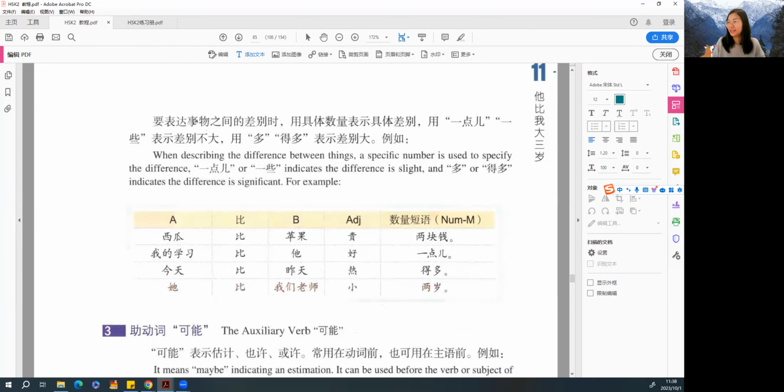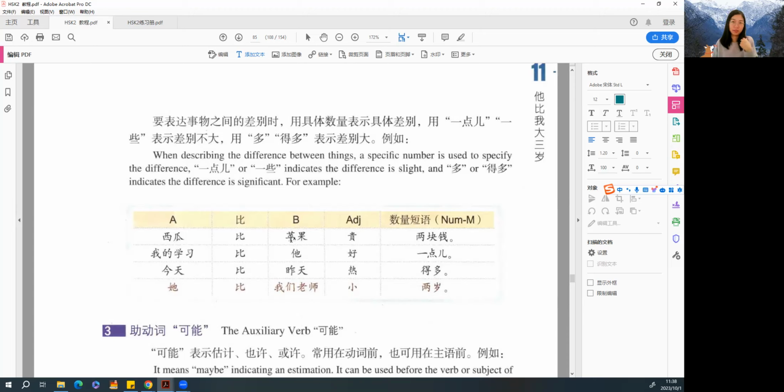Okay, 一点儿 and 一些, 多 or 得多, they are opposite. Not the opposite, but about the amount. So 一点 is a little bit. For example, a little bit more expensive.